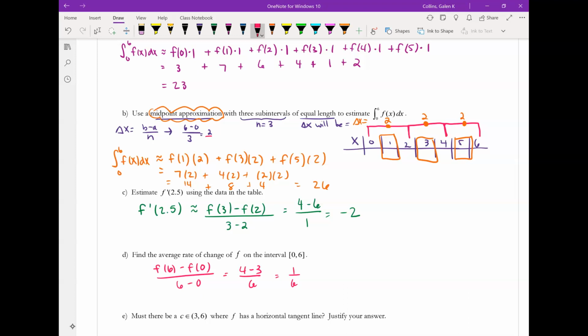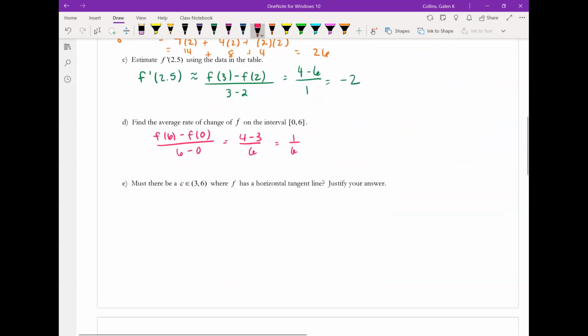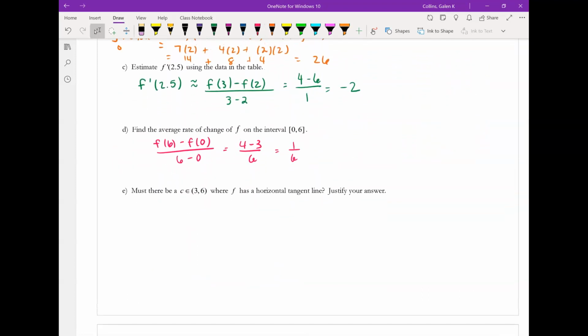All right, lastly, in part E, must there be a c on the interval from 3 to 6 where f has a horizontal tangent line? Justify your answer. Well, we know that f would have a horizontal tangent line where the derivative equals 0. So I need to connect those ideas.